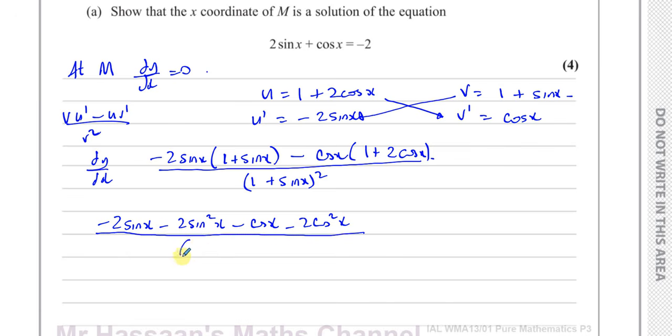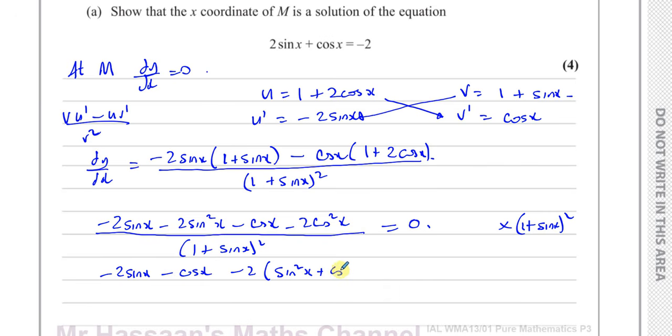I'll keep the denominator as it is, 1 plus sine x all squared, equals 0. Now I can multiply both sides by 1 plus sine x all squared. That gets rid of the denominator, and then I'll be left with minus 2 sine x, minus cosine x, and minus 2 times sine squared x plus cosine squared x.